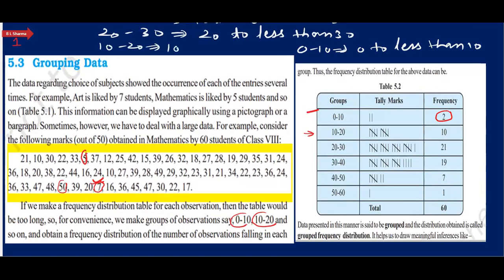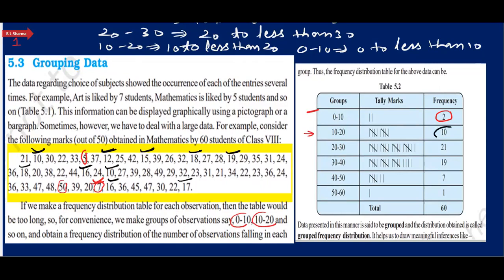So we can write 10 to less than 20. 10 will be included, but 20 will not be included. See here, we include 10. See 1, then 2, 3, 4, 5, 6, 7, 8, and then 9, and then 10.